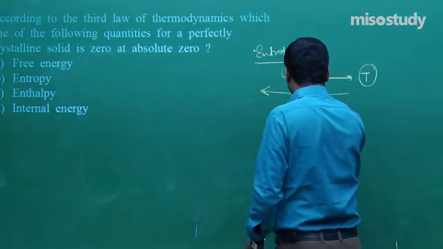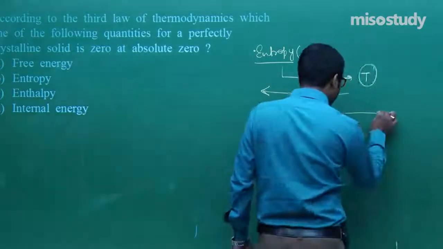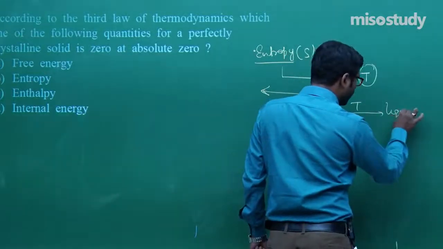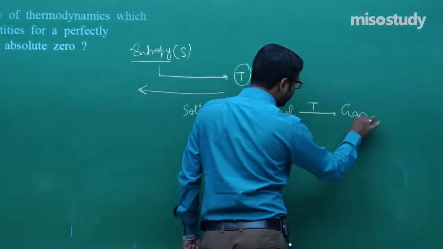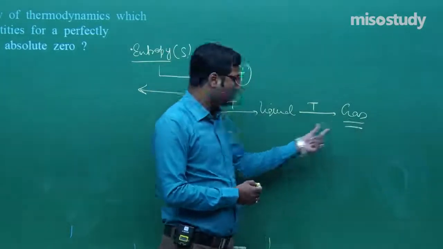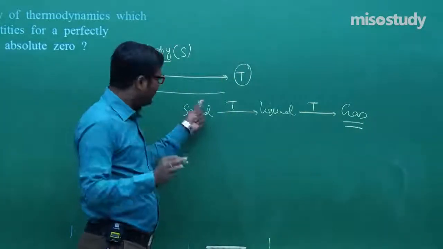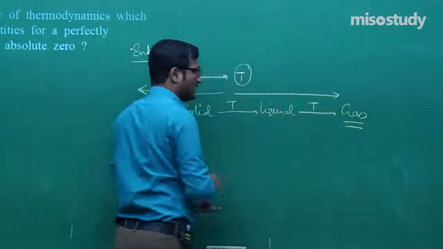Remember this, if I talk about solid, the particles are very close to each other. If I increase the temperature, then it converts to liquid. If again I increase the temperature, then it converts to gas or vapor. In gas there is maximum randomness, in solid there is less randomness. Clear? If temperature increases, randomness increases, that is entropy increases.